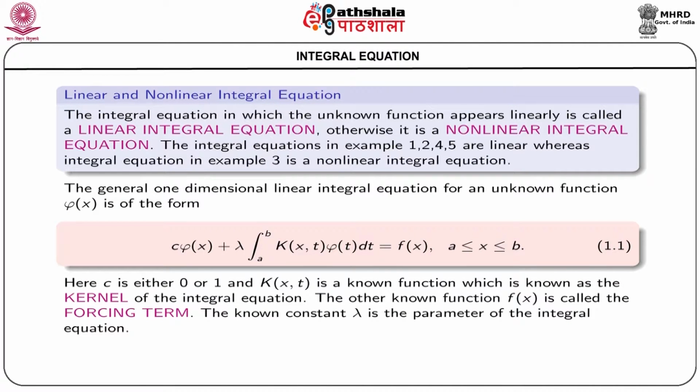Again, in the integral equation 1.1, we have said that c takes the value either 0 or 1. If c is equal to 0, then this integral equation is known as an integral equation of the first kind, which is given by the integral from a to b of k(x,t) phi(t) dt equal to f(x), x lies in the interval a to b.